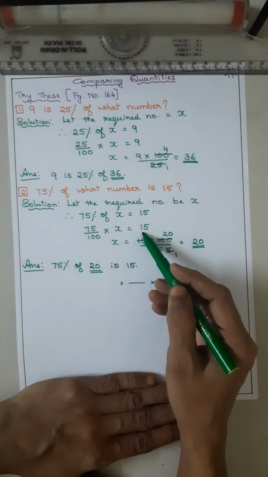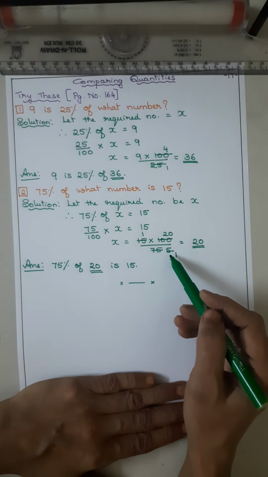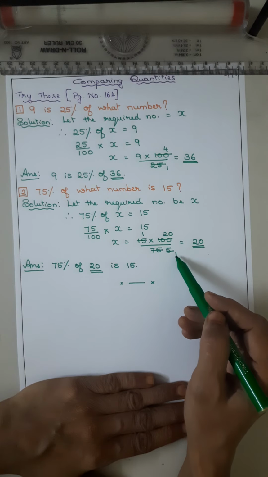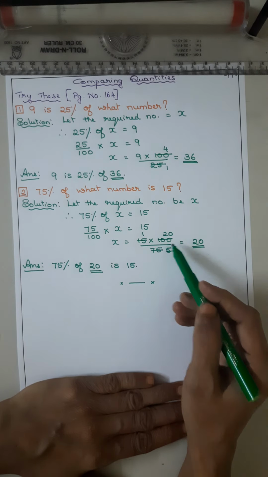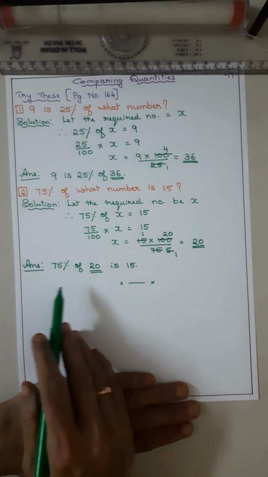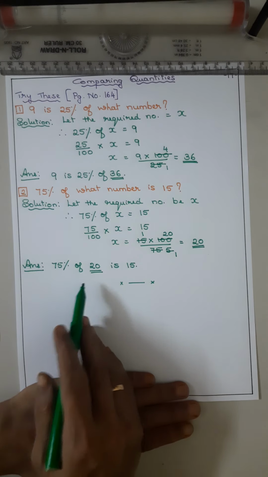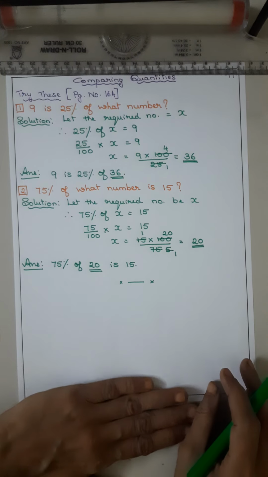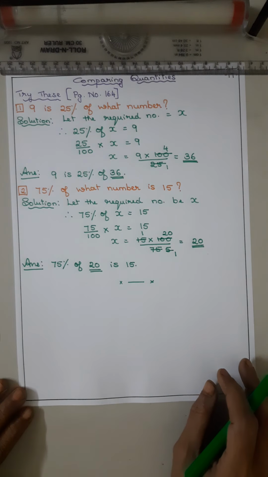Now 15 ones are 15, 15 fives are 75, 5 ones are 5, 5 20s are 100, it is 20. So 75% of 20 is 15. Is it clear?